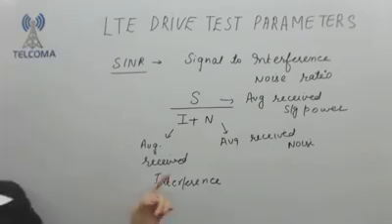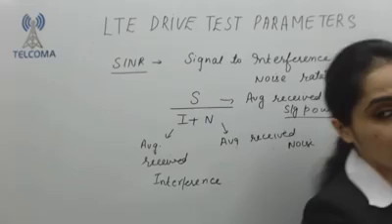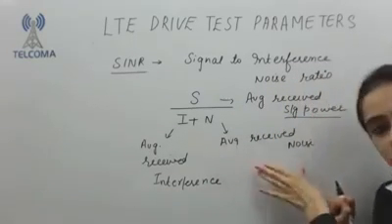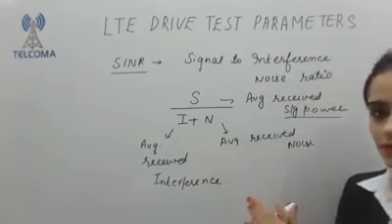That means if this is the signal part, then how much interference and how much noise I am receiving in this signal part will define my SINR value.